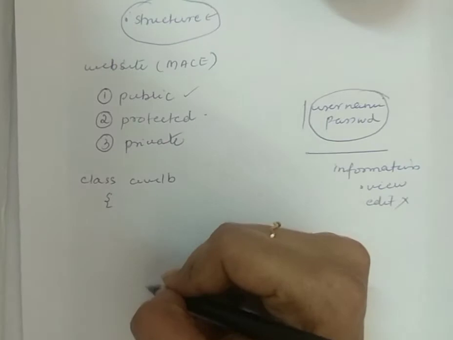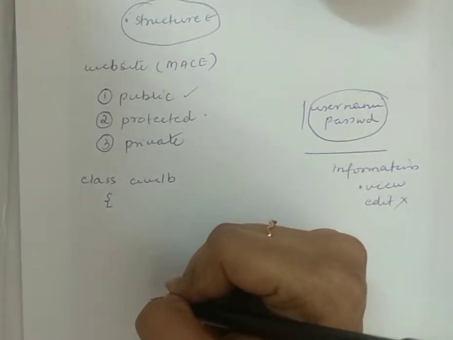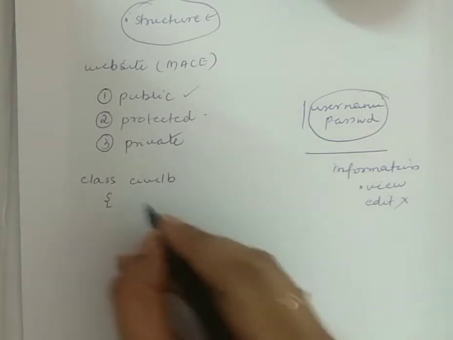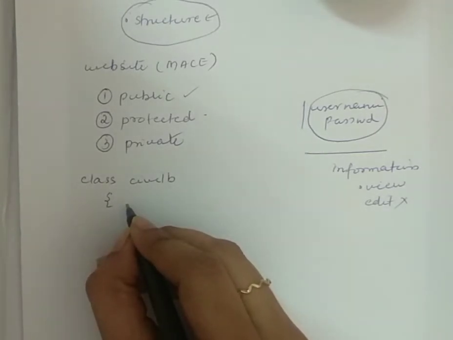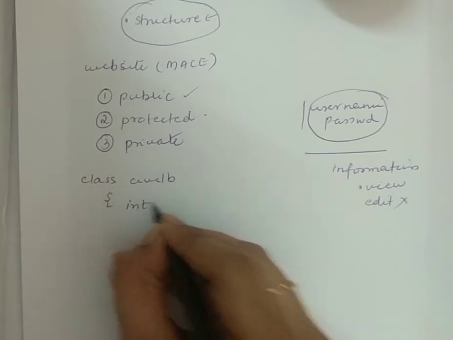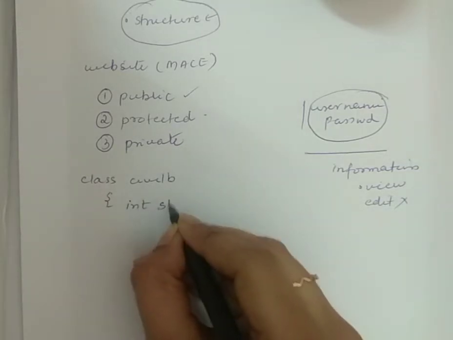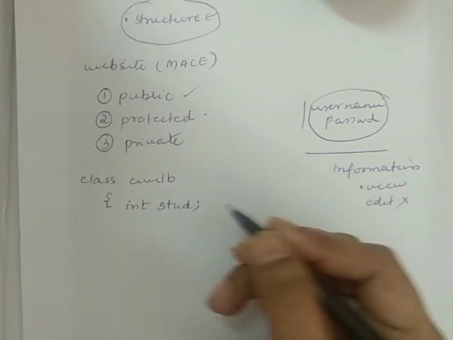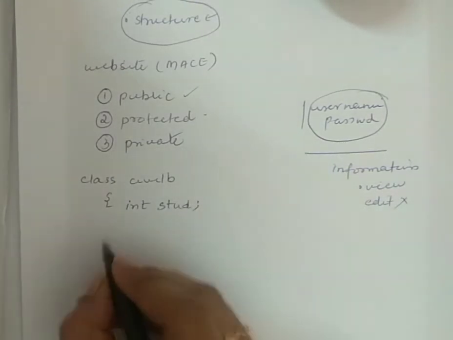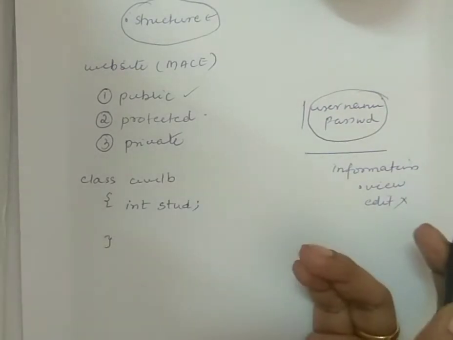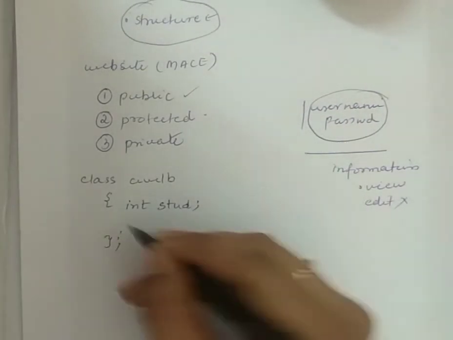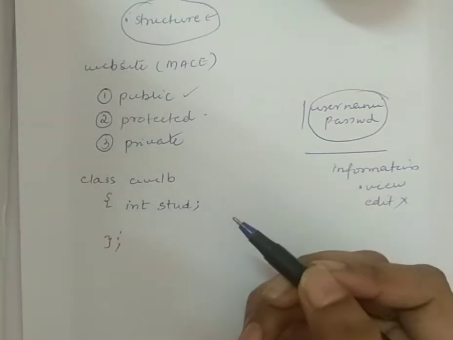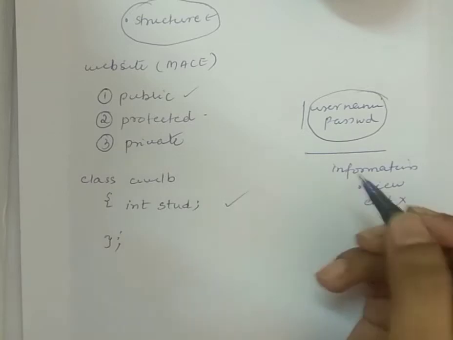First, maybe I am taking the member int number of students, stud. I am declaring a variable number of students, stud. When I declare a class like this, I have to open the braces, write the members, then close the braces and end with a semicolon. So this is the syntax.